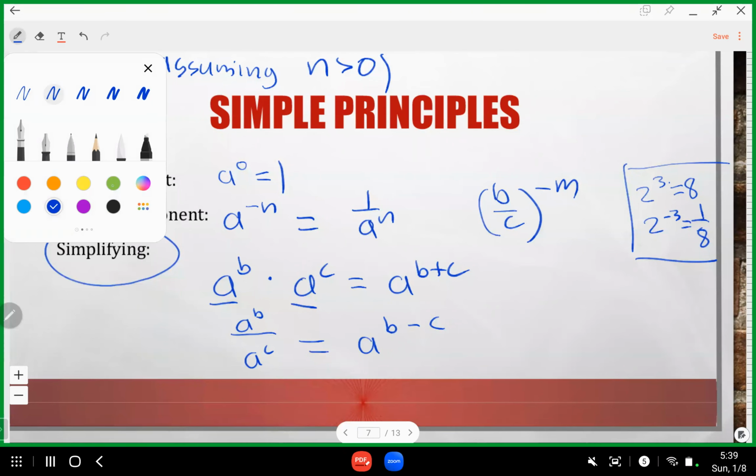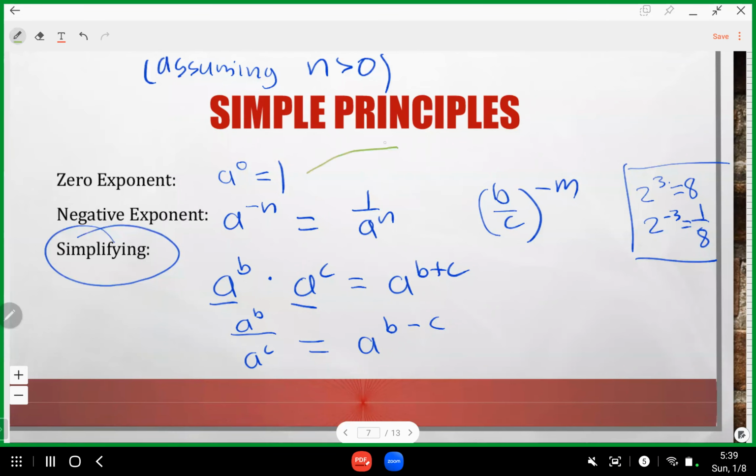Now let's go back and show why a to the 0 is equal to 1, since we needed to know what negative exponents were and how to simplify. Well, actually, let's think of it this way.